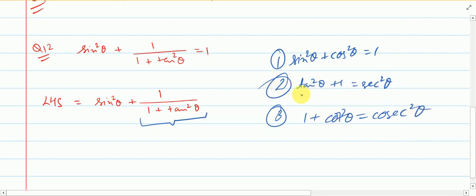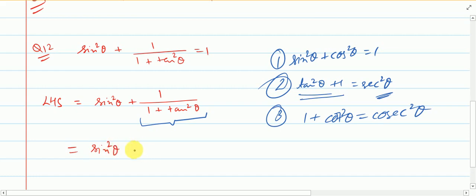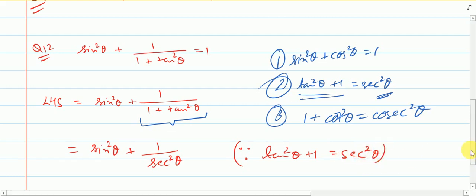So here you know that tan square theta plus 1 is sec square theta. So in the next step I can write sin square theta plus 1 by sec square theta. You can give the reason, tan square theta plus 1 is equal to sec square theta.